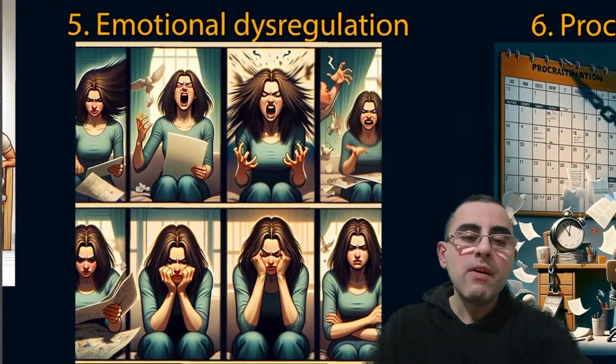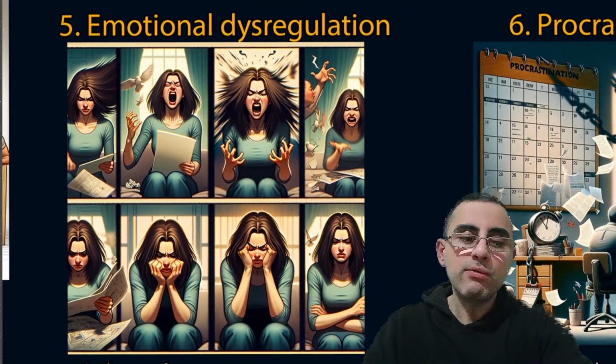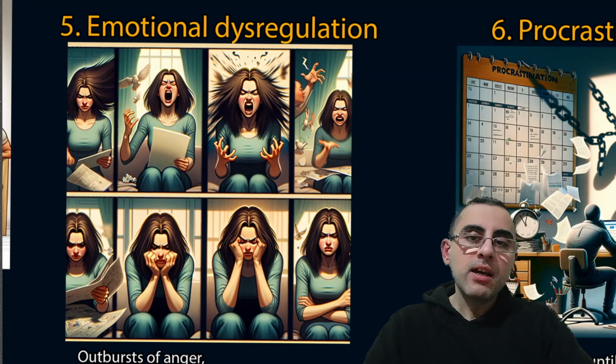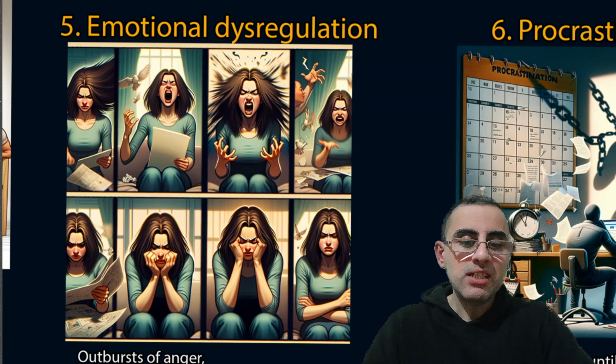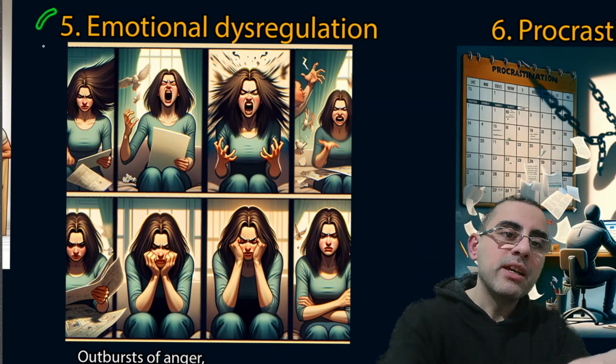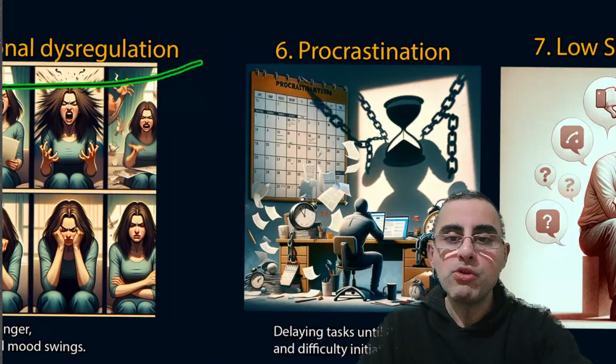The fifth most common symptom is emotional dysregulation. Emotional dysregulation means they struggle to manage their anger, with outbursts of anger. Irritability is common, and mood swings are also common. It means they have difficulty managing their emotions.